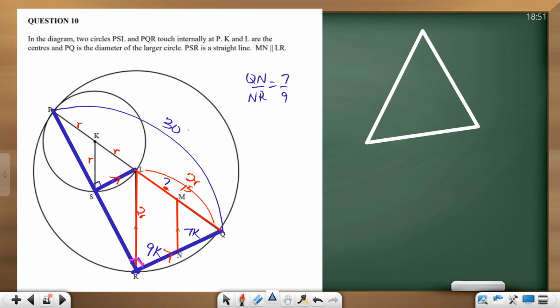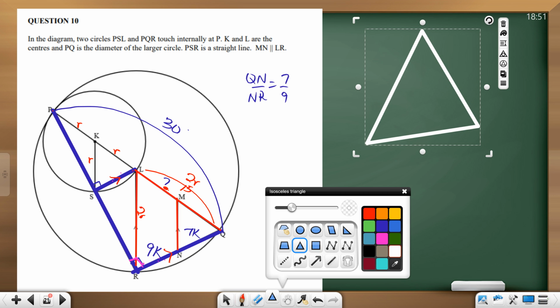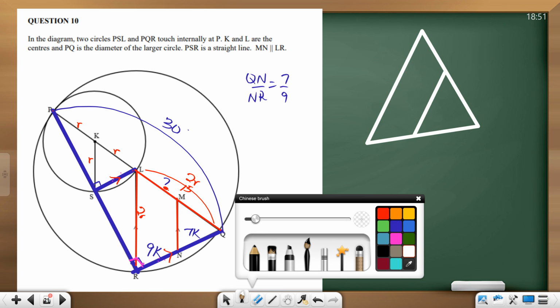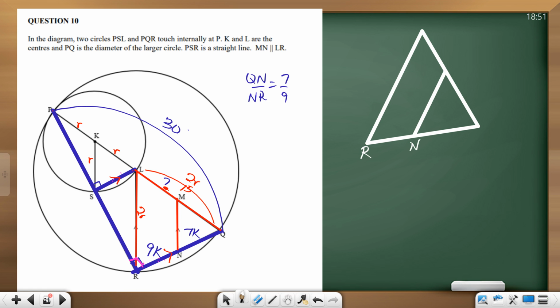This is what we have. And I've got a parallel line there. What is this? R, N, Q, L, M, and Q. I know the whole of this length as what? 15. I know this as what? 9K, 7K.